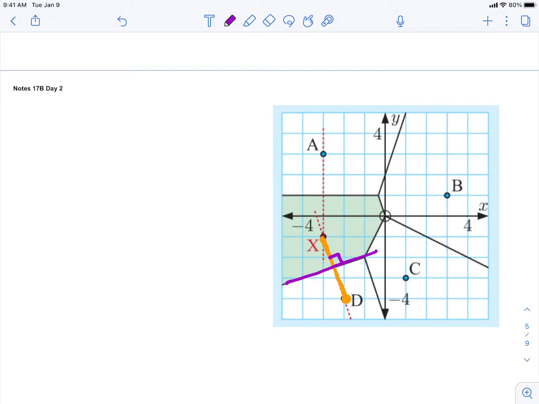So let's identify point D. So point D is -2, -4, and then X is -3, -1.